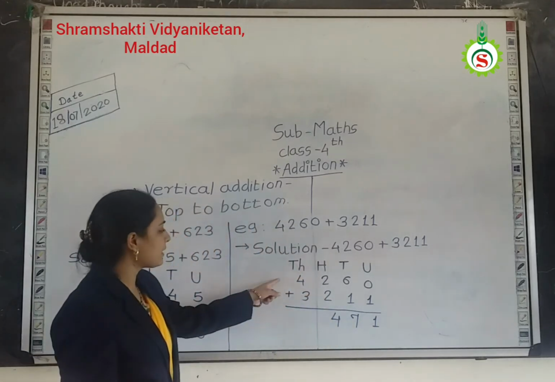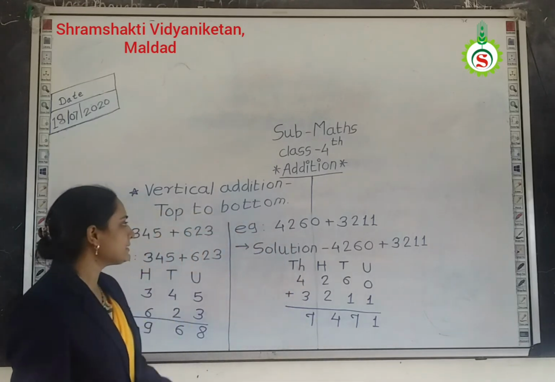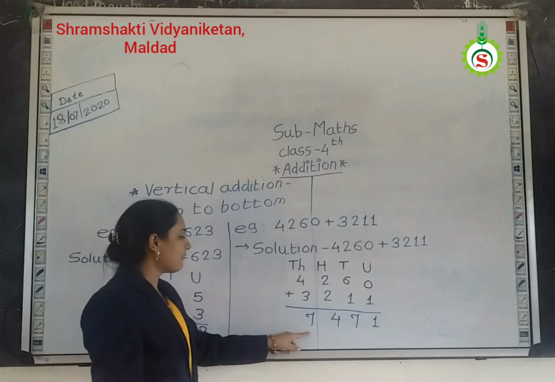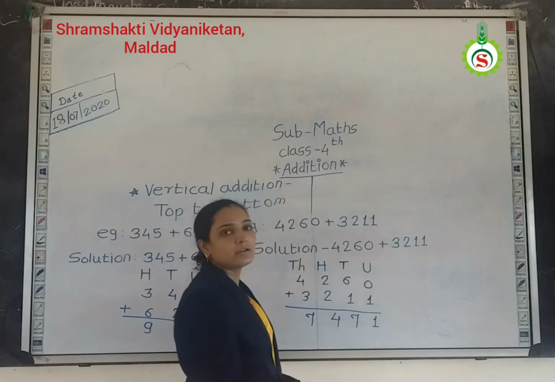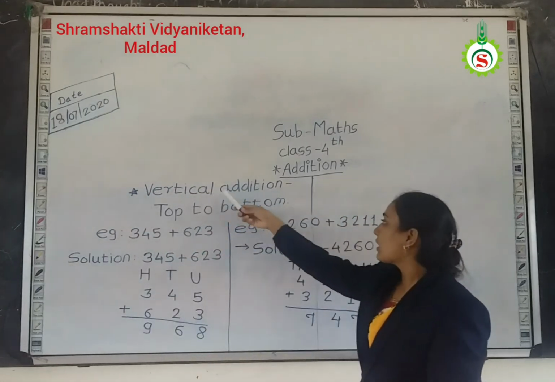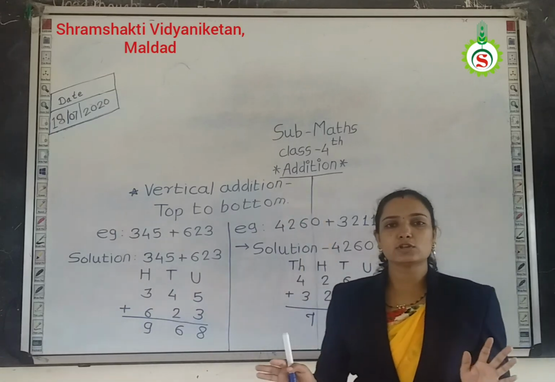And here 4 plus 3, again 7. Means our answer of this problem is 7471. Students, in this lecture we learn about vertical addition. Do you understand? Very easy topic.